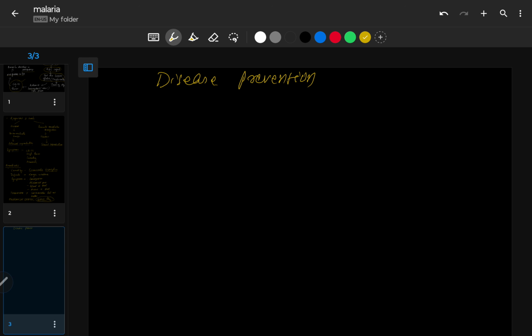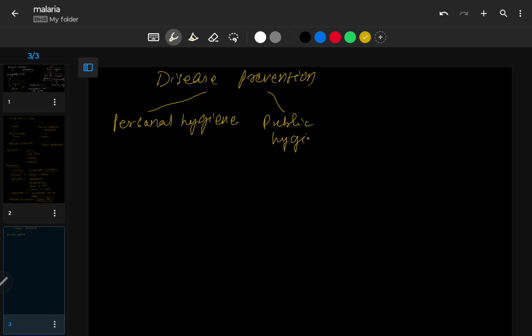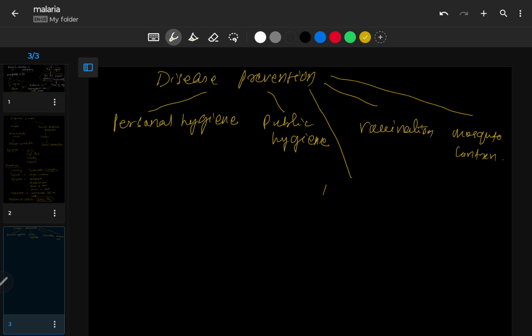This can be done by personal hygiene, and public hygiene, then by vaccination and mosquito control, and besides that, one more is antibiotics and medicines.